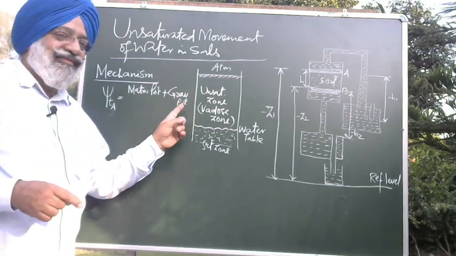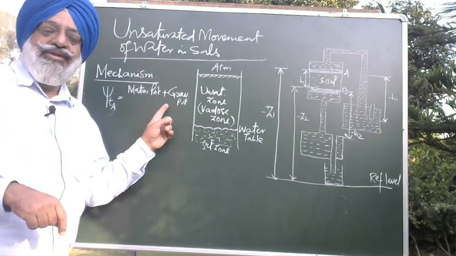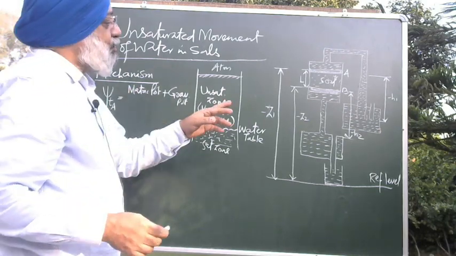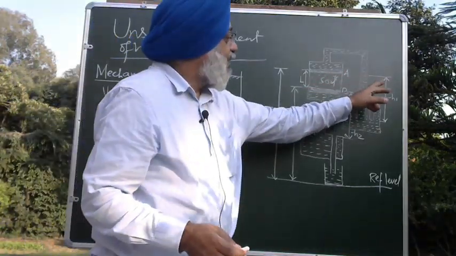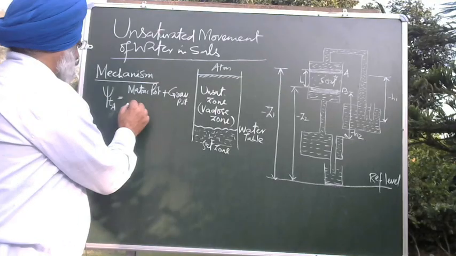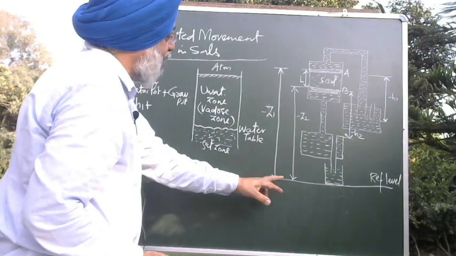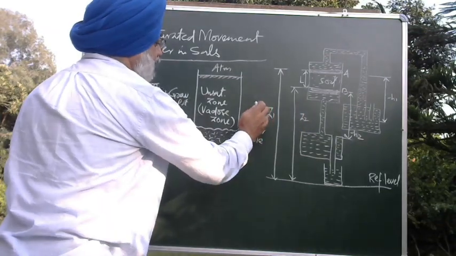Now the difference is that in saturated movement, instead of matric potential, it was pressure potential. Gravitational potential was there also. In unsaturated, again the gravitational potential is there. So now what is the total soil matric potential at A? It is minus H1. What is the gravitational potential at A? It is Z1. It should not be minus, sorry for that.